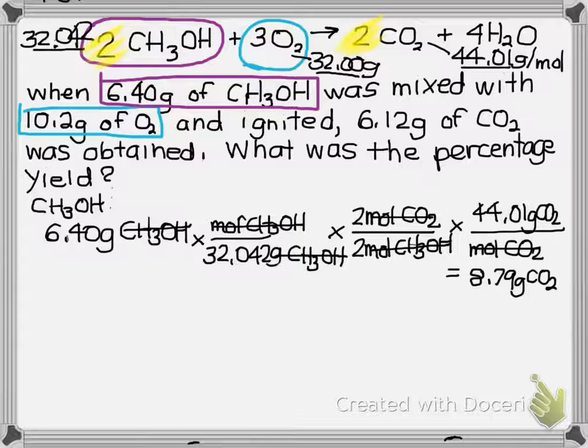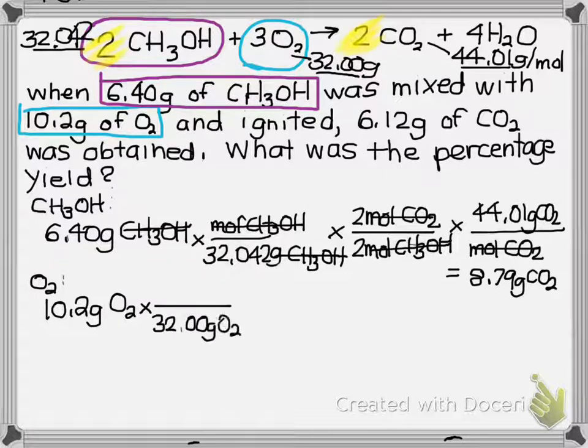So now I'm going to take the other reactant, which is O2, and I'm going to start with it and see how much CO2 10.2 grams of O2 makes. So since I'm in grams, first I'm going to divide by the molar mass of O2 to convert it into moles of O2. Then I'm going to multiply by the mole ratio using the coefficients.